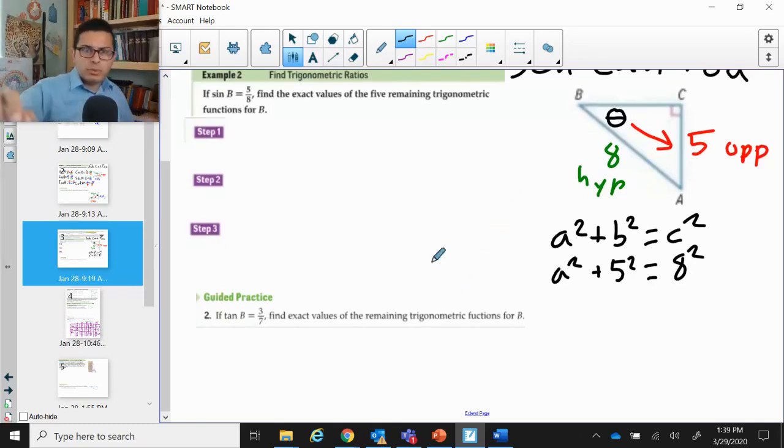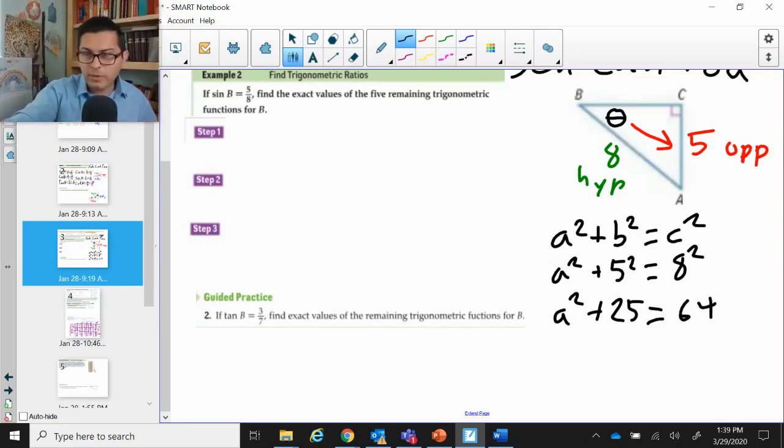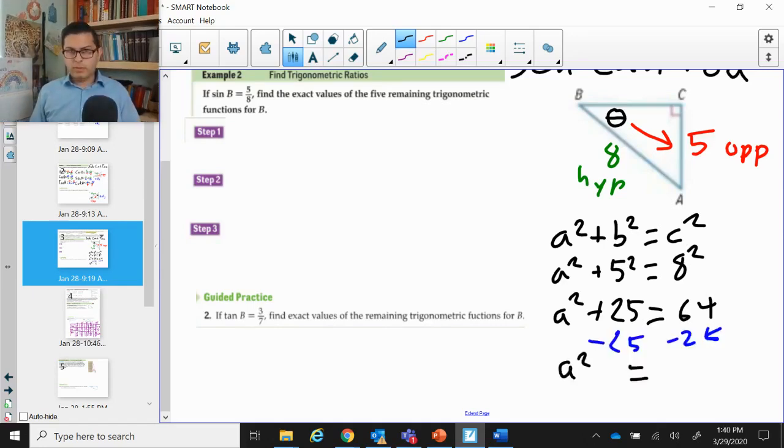First of all, let's perform our squares. First we're going to get 25. Now we're going to get 64. And now we're going to solve it out. 64 minus 25 is 39. Our last step is to take the square root of a squared so that we can get rid of the square.